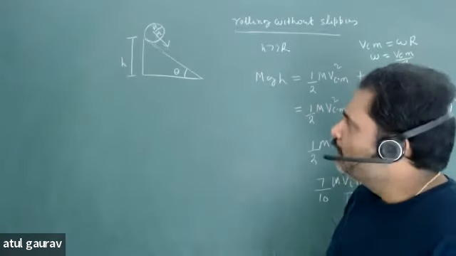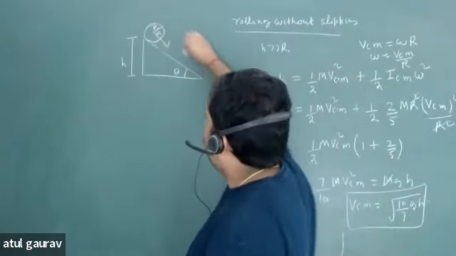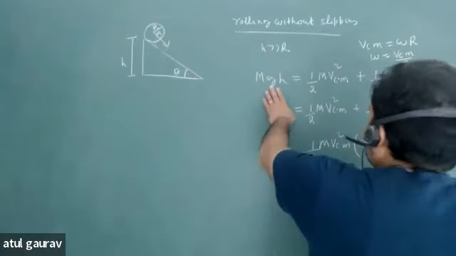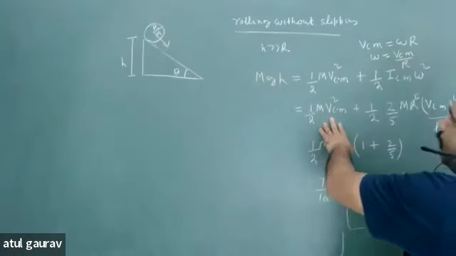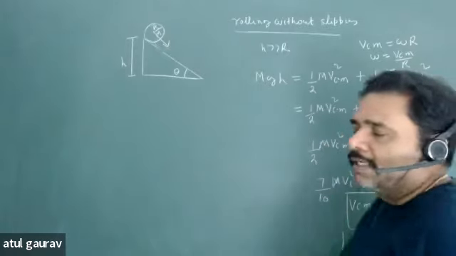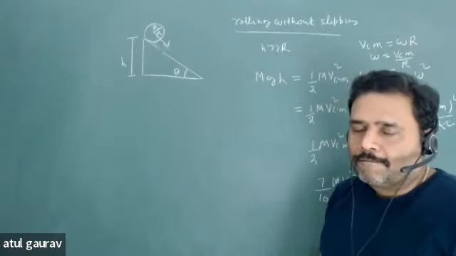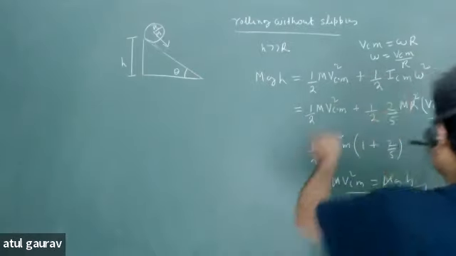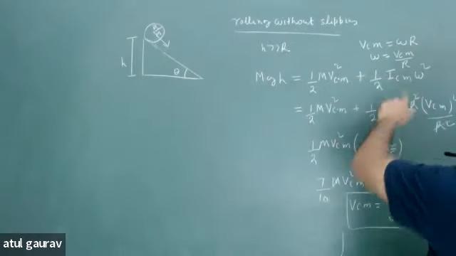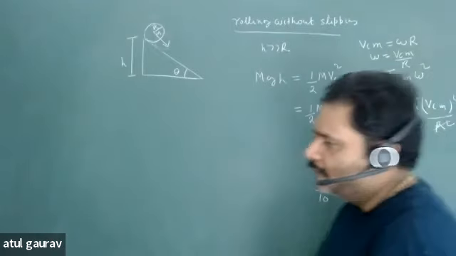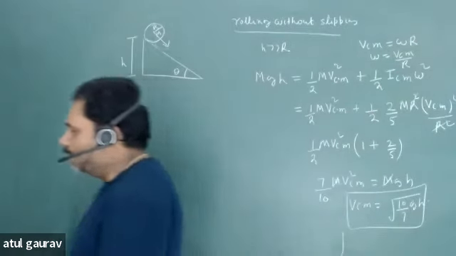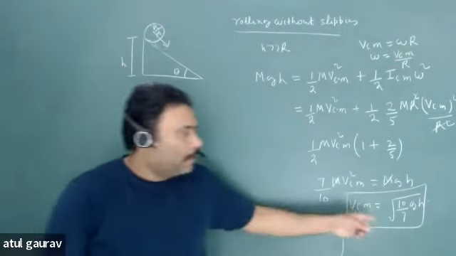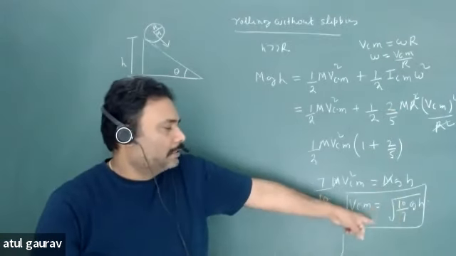So you can just assume this is something like a point particle, and this value is exactly this one, isn't it? Which we did in class 10th, right? Yes, sir. But you have some extra term, and this term is due to the rotation of the system. So you can see the role of moment of inertia comes into the picture.